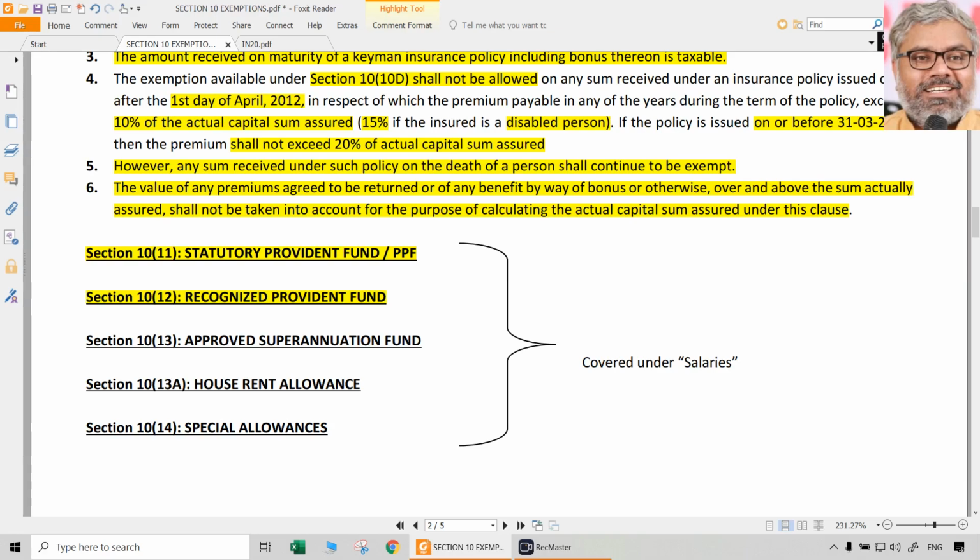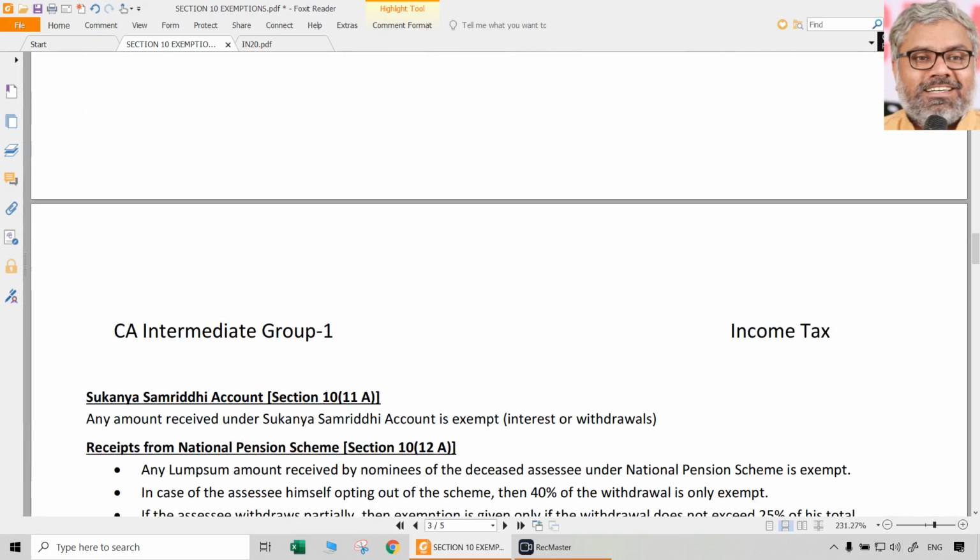Amount received from statutory provident fund under section 10(11) is also exempt. Amount received from an approved superannuation fund is also exempt, approved. And HRA is exempt under section 10(13A). And so many allowances are there under section 10(14), which are also exempt, according to those sections which are already covered under the head of salaries.